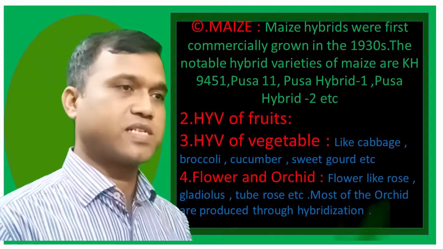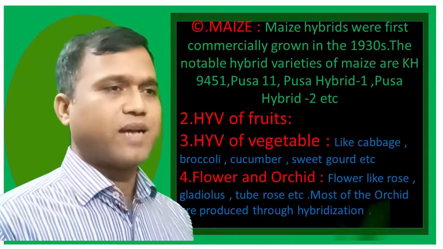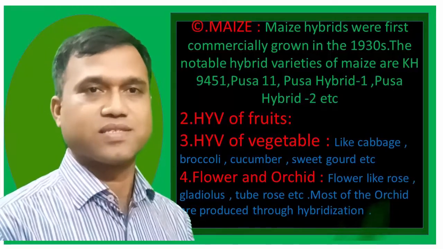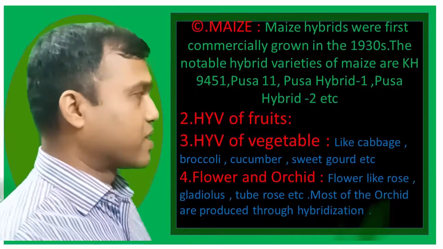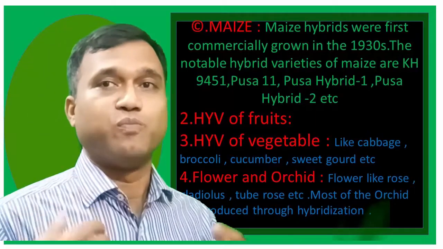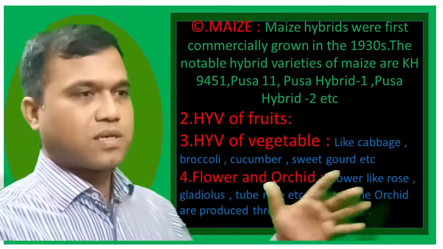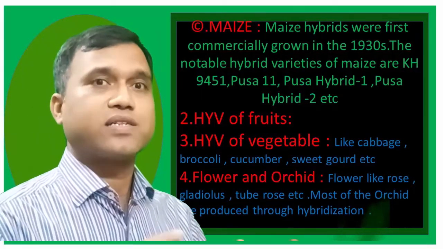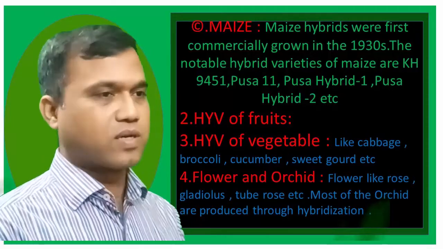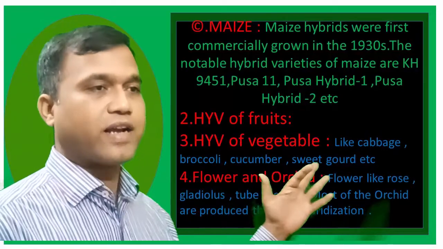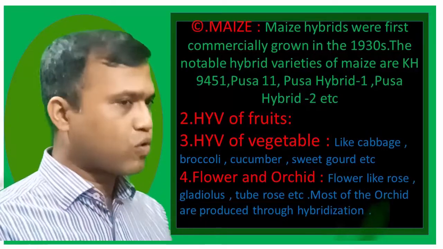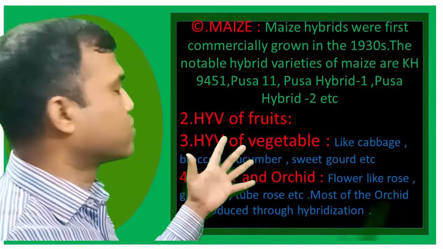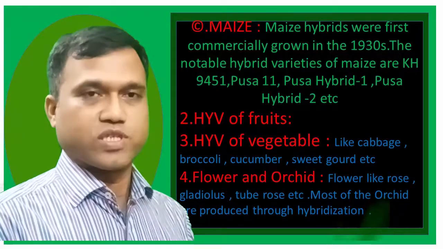By the process of hybridization, many types of high yielding varieties of fruits are produced, such as mango, lychee, banana and orange. Third point, high yielding varieties of vegetables like cabbage, broccoli, cucumber, sweet gourd, etc. Fourth point, flowers and orchids. Flowers like rose, gladiolus, tuberose, etc. Most orchids are produced through the hybridization process.